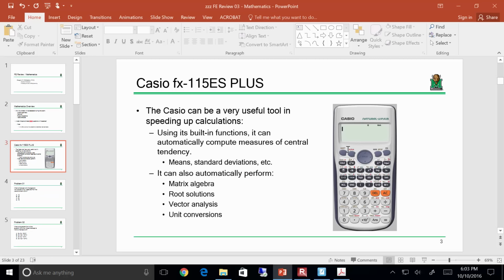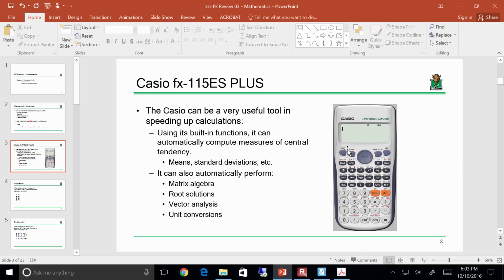Now, who didn't bring a calculator? Who brought an NCEES approved calculator? Good, there you go. All right, NCEES does not care what calculator you use as long as it's on the list, okay?